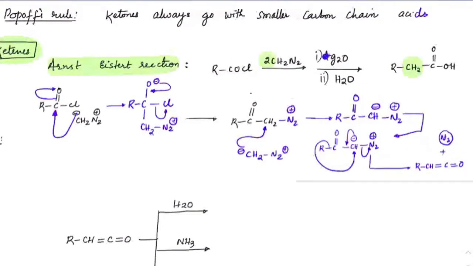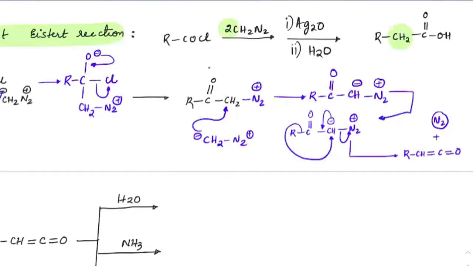Now the role of Ag2O: this Wolff rearrangement normally happens at around 500 to 700 degrees centigrade, which means it is difficult to raise to that temperature. That is why Ag2O is taken. The idea is that Ag will slowly make a bond with this oxygen. Again, this is not there for the syllabus, so I'm just telling you orally.